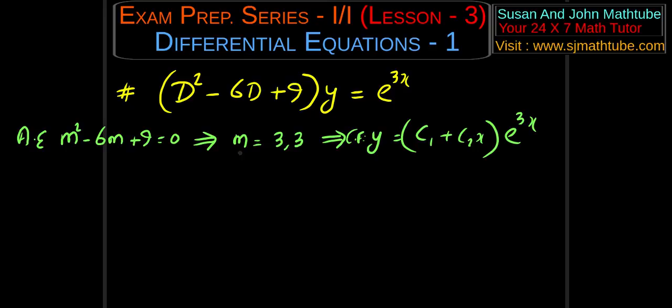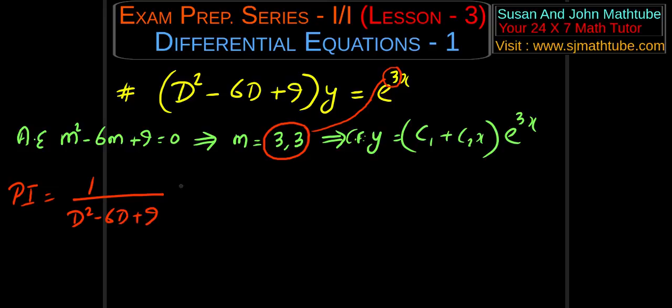Wait a minute, I already noticed something. The root and the power, they're the same numbers, so we are going to end up with 1 by 0 for sure. Anyway, let's give it a try. So the particular integral is 1 by the operator of e^(3x).